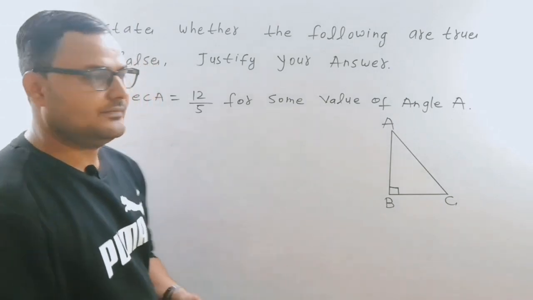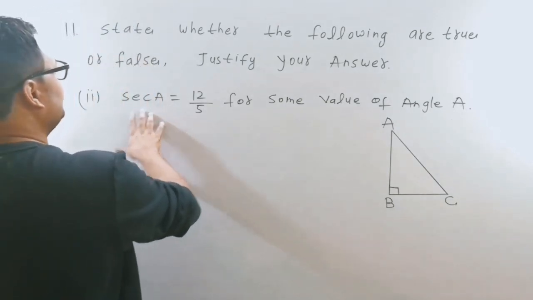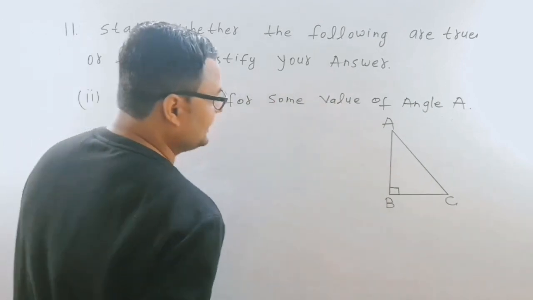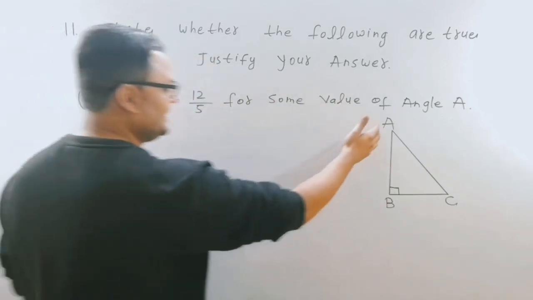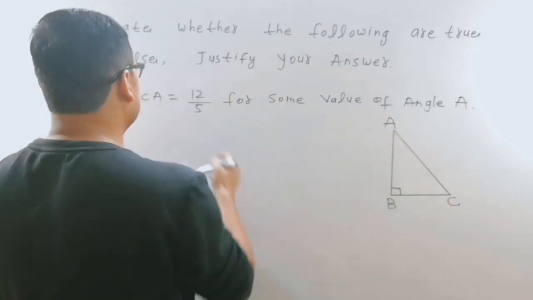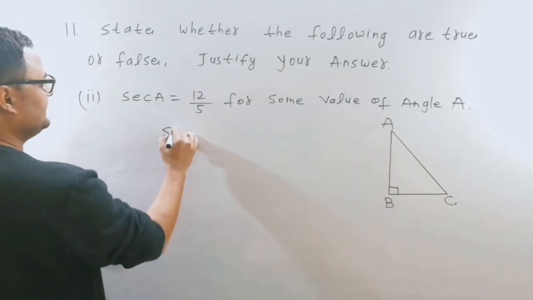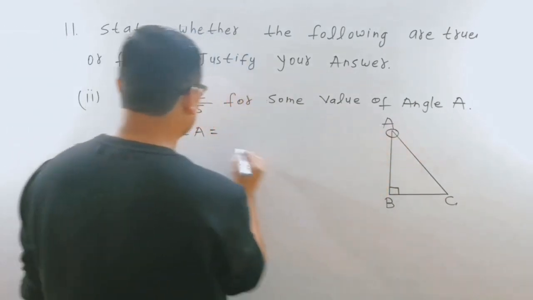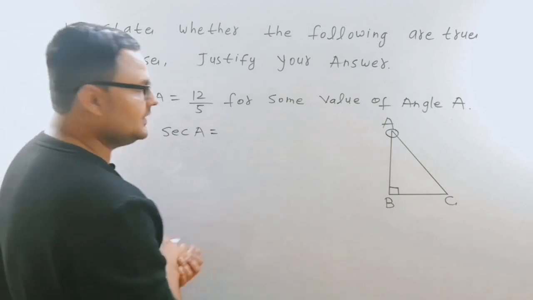11th's second one: it's given sec A equals 12 by 5 for some value of angle A. This is a right angle triangle, right angled at B. For this angle, sec is the reciprocal of cos.